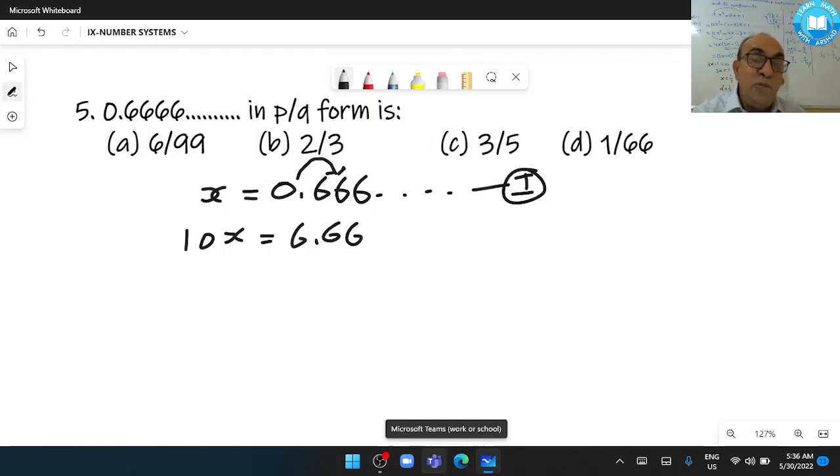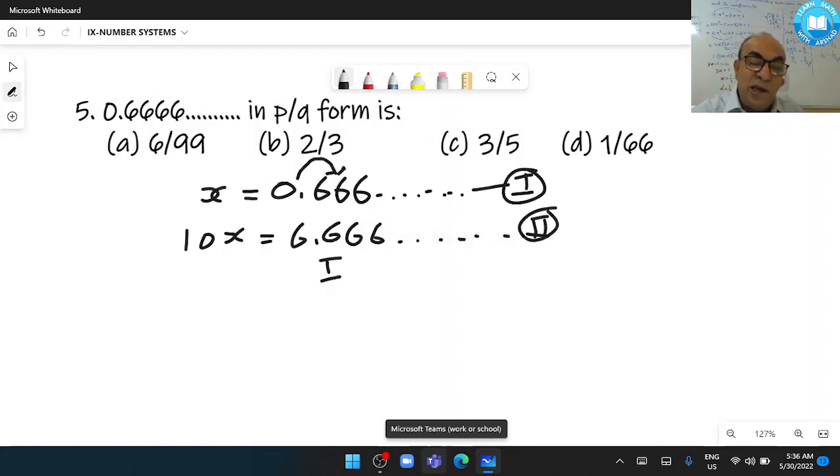But I told you that in this multiplication, because there are infinitely many digits after the decimal, in the first equation we wrote three digits, that's why you also write three digits in the second equation. So this is the second equation.